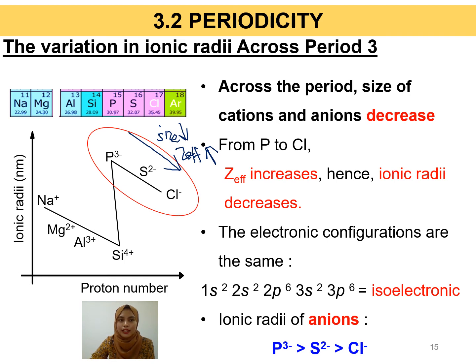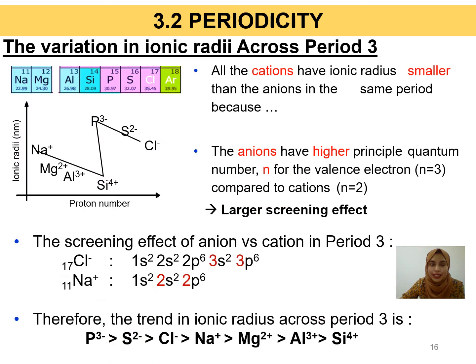Next, if you want to arrange all of the ions across period 3, you have to compare between the cations and the anions. You can say cations have a smaller ionic radius than anions. Why? Anions have a larger screening effect.